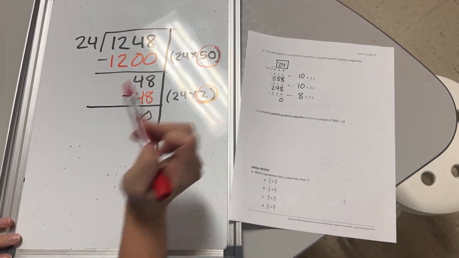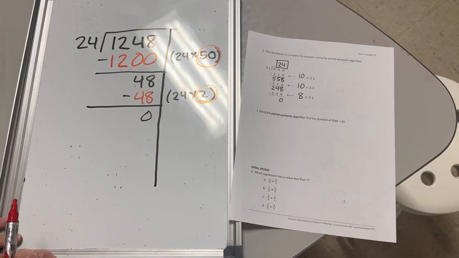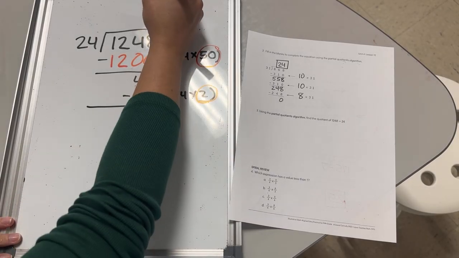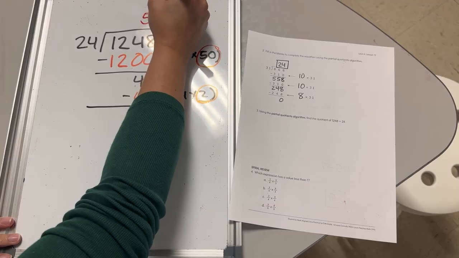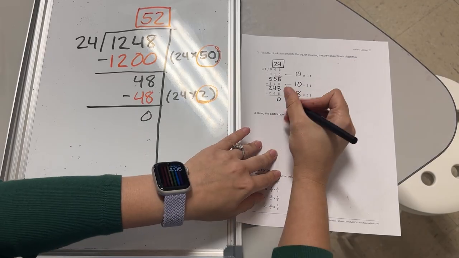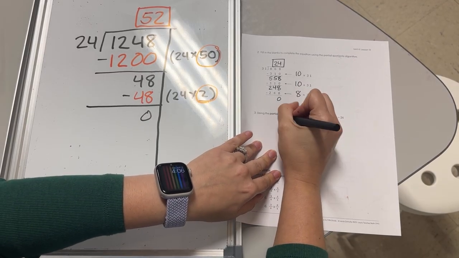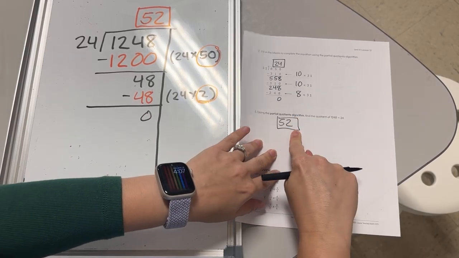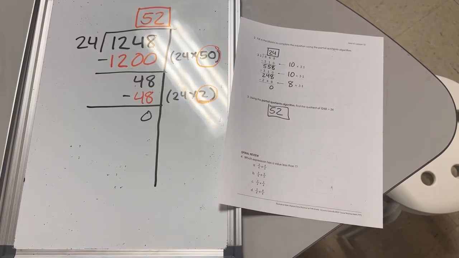I've got 50 groups of 24 and then 2 more groups of 24, which means I have 52 groups of 24. I'm going to go ahead and make sure that is in a rectangle on my page, designating that as my final answer.